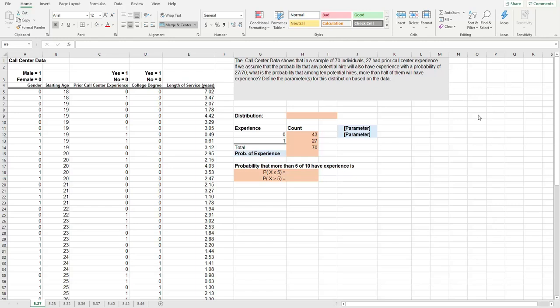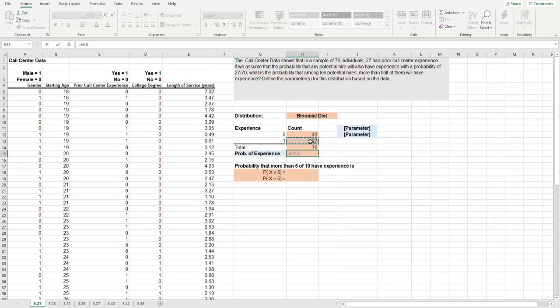Now, we are looking at the probability of a potential hire either having call center experience or not having the prior experience. So we have two possible outcomes, success or failure, which tells us that this is a binomial distribution. Now, probability is given to be 27 over 70.